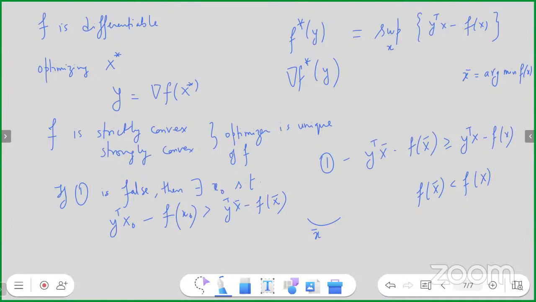Now what? I want to contradict the argument that we get x bar. Go ahead.